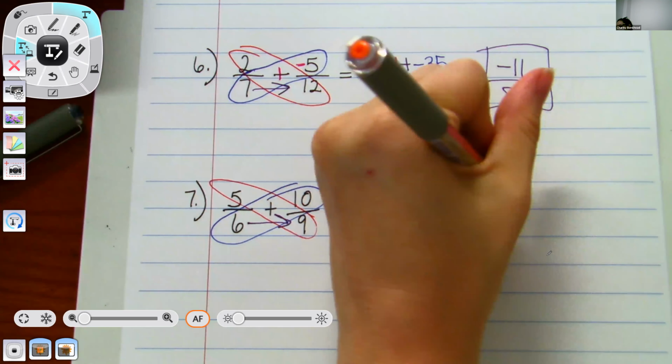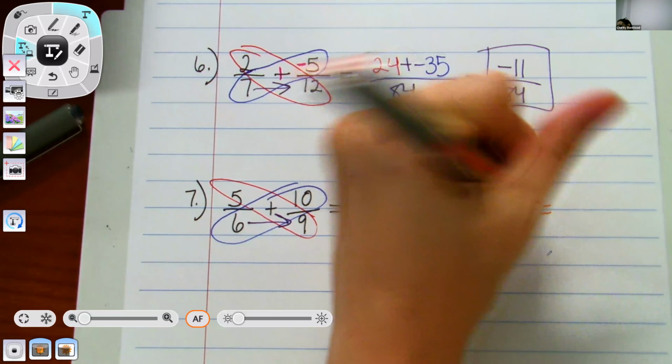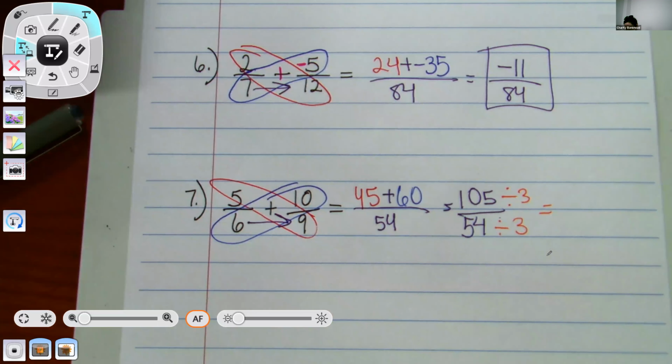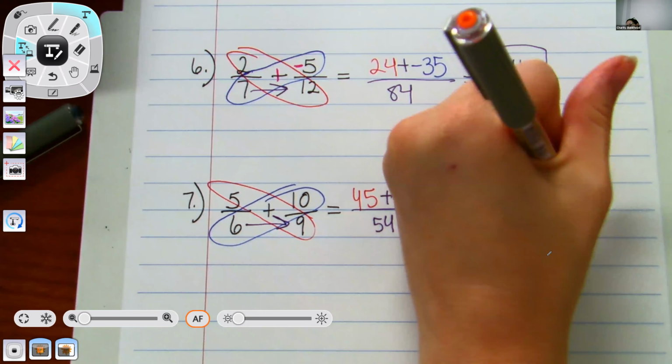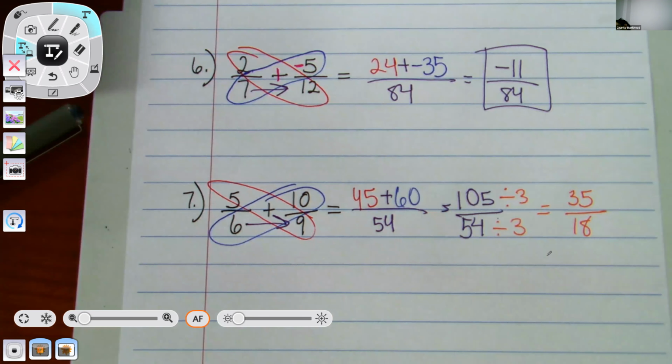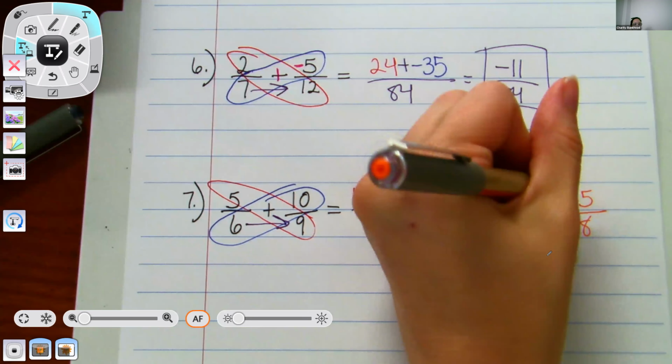All right, let's see. That'll be 18 on the bottom. And on the top, that's going to be 35. Yeah, there we go. 35 over 18.